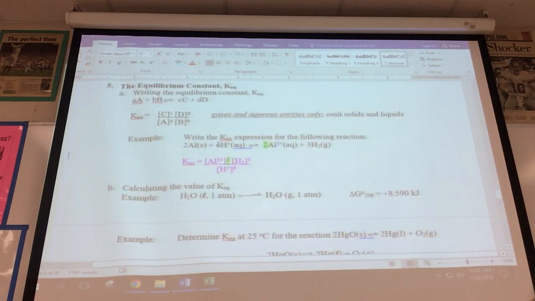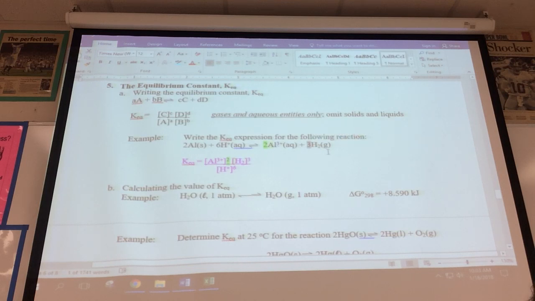Here's an example. Write the KEQ expression for the following. Products on top. Just remember pot. Products on top. You've got aluminum ion. I was thinking of the pot you cook in, but okay. Yeah, aluminum ion raised to the stoichiometric coefficient of 2. Hydrogen gas raised to the coefficient of 3.